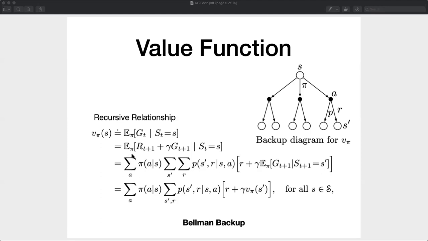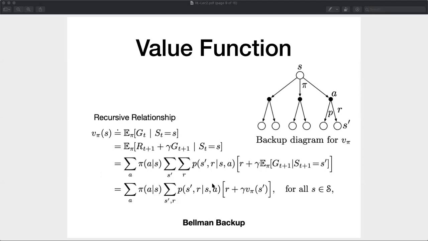We're going to sum over all the actions, weight them by the probability that you took that action given that state. For now, let's just say this is 1. And then you sum over all the future states and rewards, right?